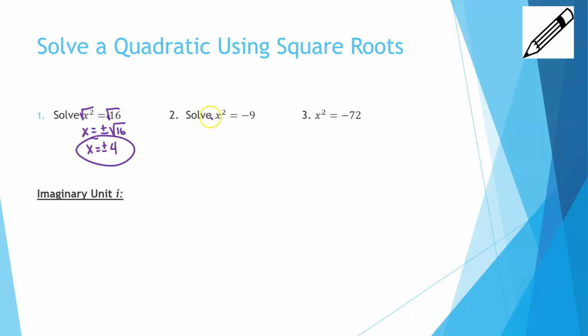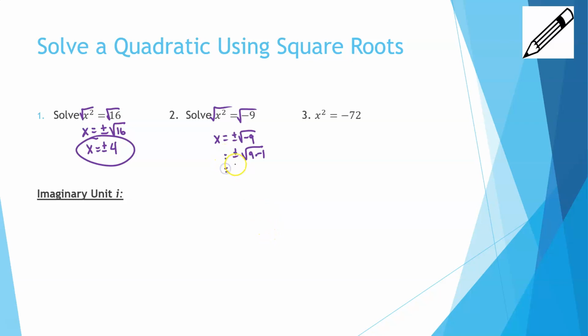Now, if I do the same thing here, I get square root of -9, which is actually, I'd still get plus or minus, but the square root of -9 I can't do. If you type that into a calculator, it's going to say no real solutions. One thing you've learned in your past that hopefully you remember is that you could, though, rewrite this as plus or minus square root of 9 times -1.